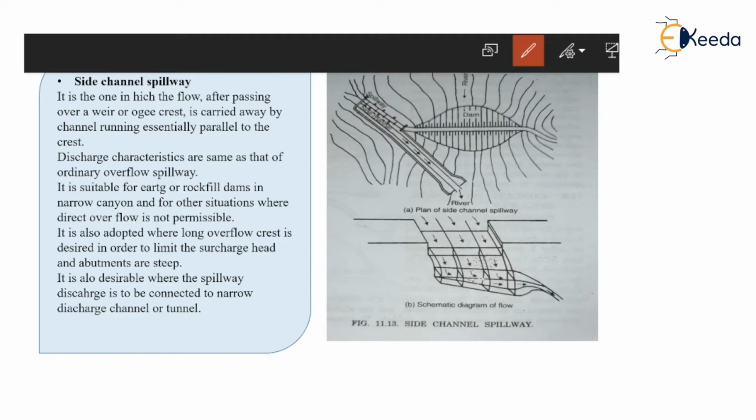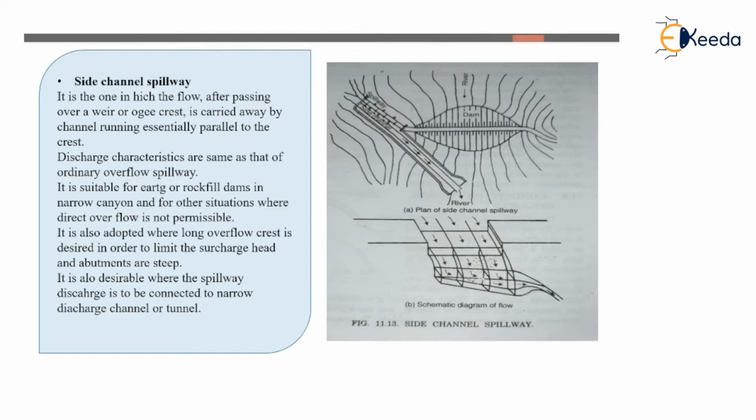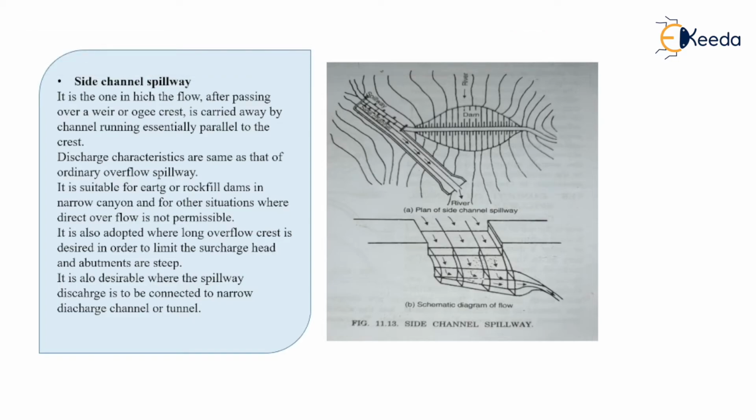So what happens exactly? The discharge characteristics are the same as that of an ordinary overflow spillway, but it is basically suitable for earthen and rock-filled dams in narrow canals, and for other situations where direct overflow is not permissible.